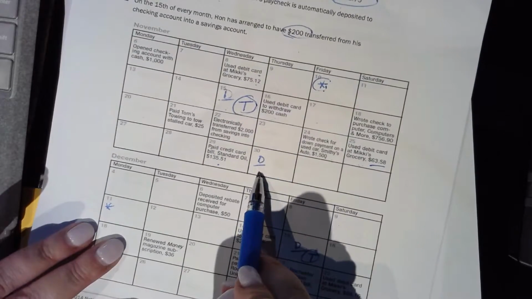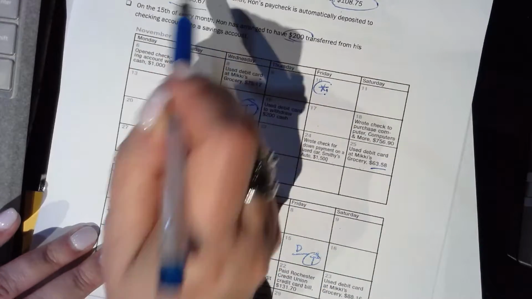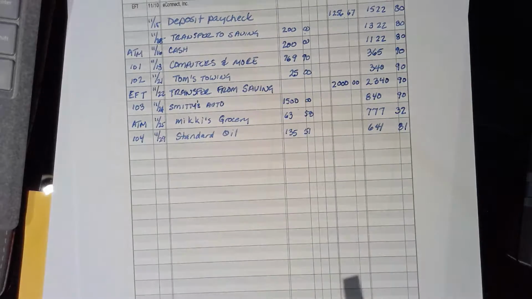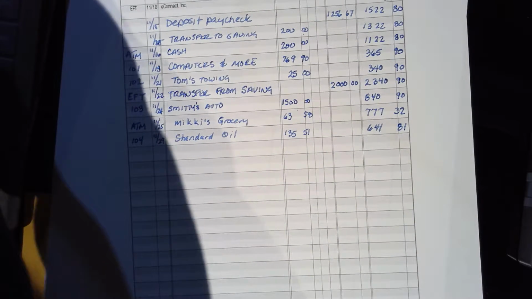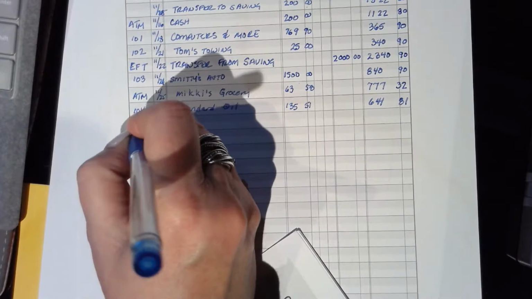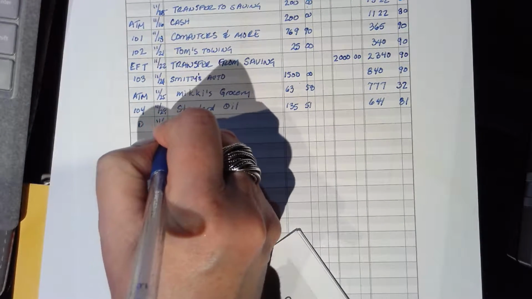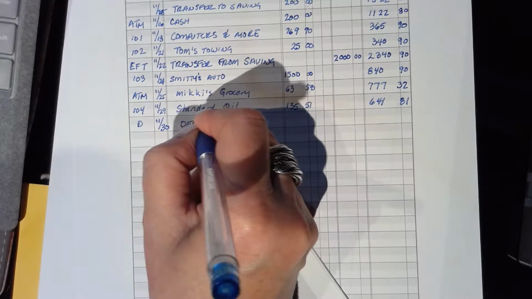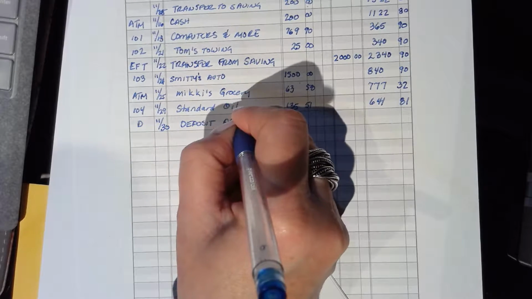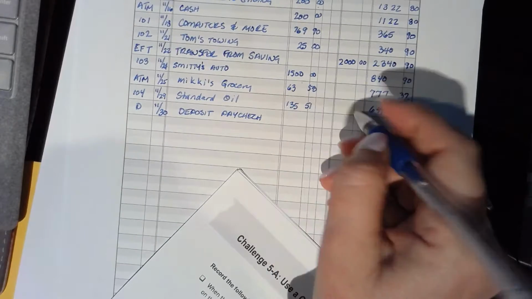Alright. Okay, it's the 30th of the month. He's going to get paid. Thank goodness for that. That's going to be a deposit. It's happening electronically. His employer does that for him. It's the 30th, and it goes into this column.